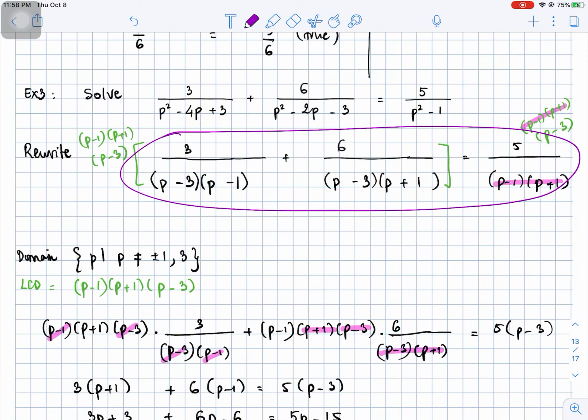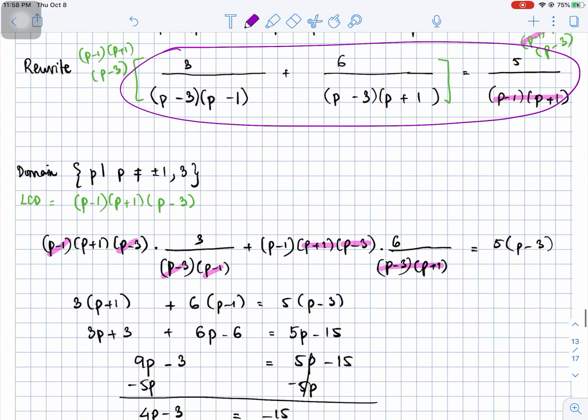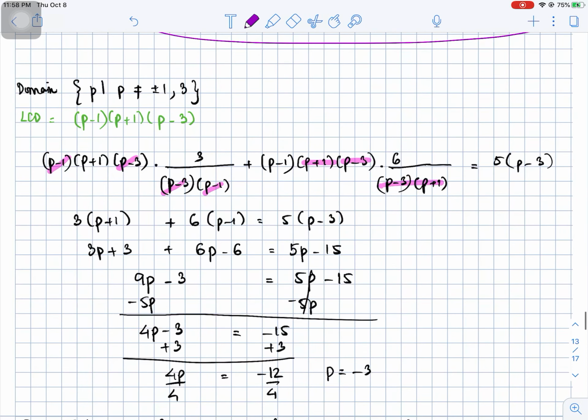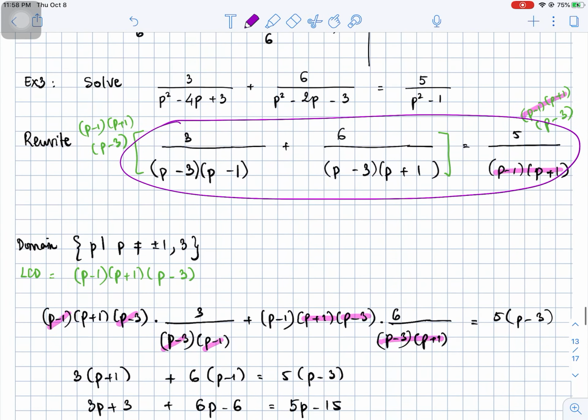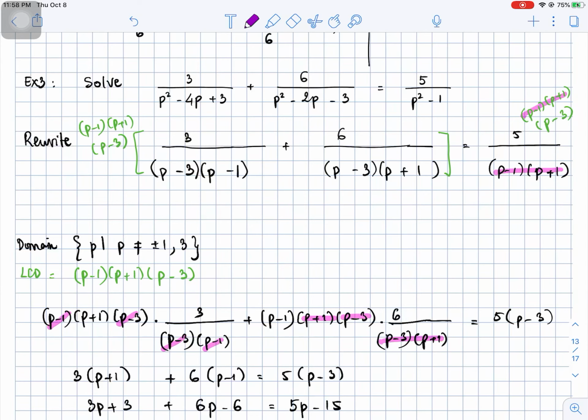We go back to the original problem and check. We can use the rewritten one, which is this one, to plug in p equal to -3 in the problem to check.